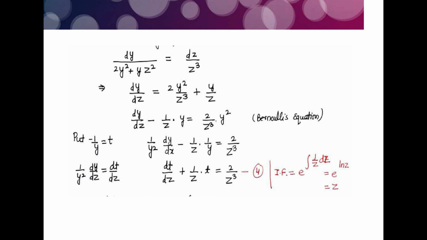I'm using this substitution, minus 1 upon y I'm putting equal to t, and finally I can rewrite this differential equation as differential equation number 4, which is a simple Leibniz linear differential equation, and I can easily find out its solution. Here the integrating factor is e raised to power integral 1 by z dz, which on simplification is z.